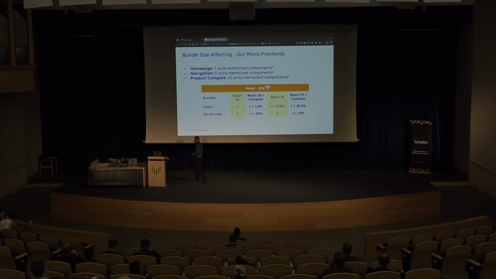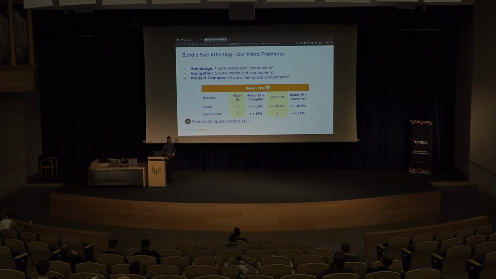And with React 19, it's about 20% more. And with React 19 with the compiler, plus 1% more, yeah? And for server-side rendering, it's even stranger: with the compiler it's about 20% more, but it is the same bundle size in React 18 and 19. And again with the compiler, plus 19%.